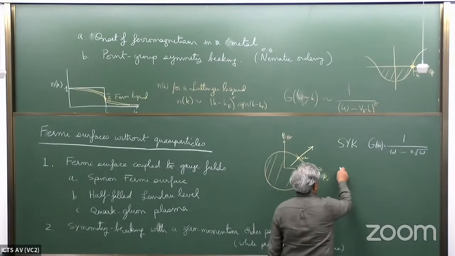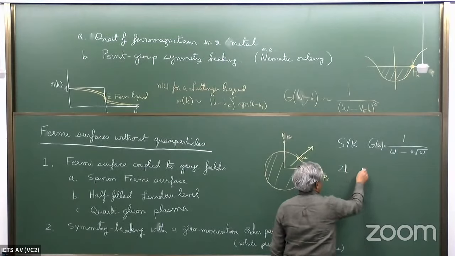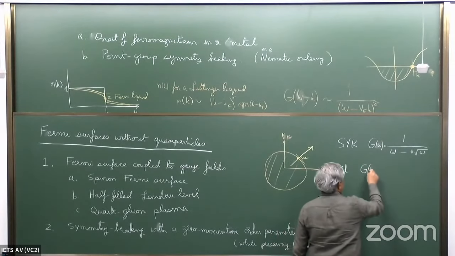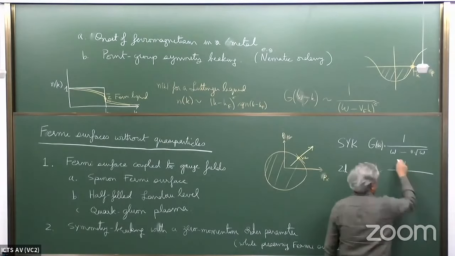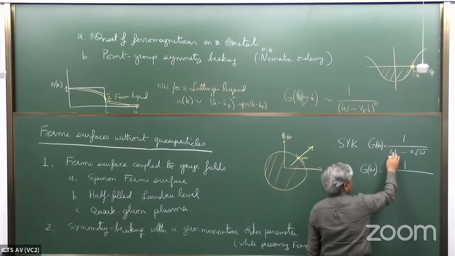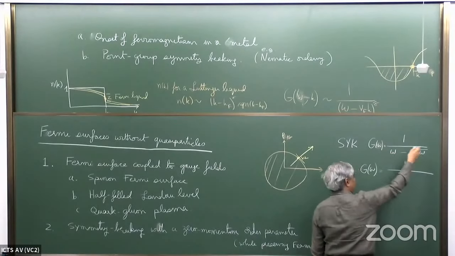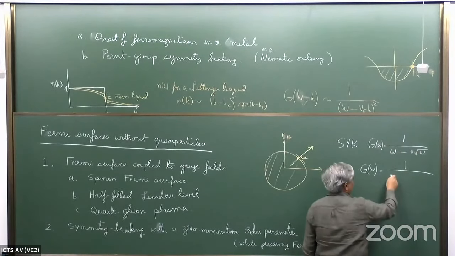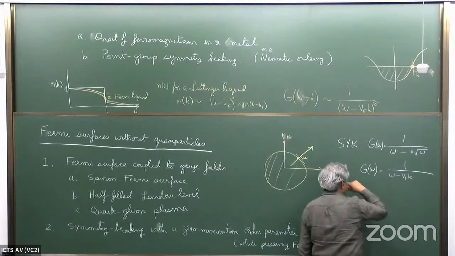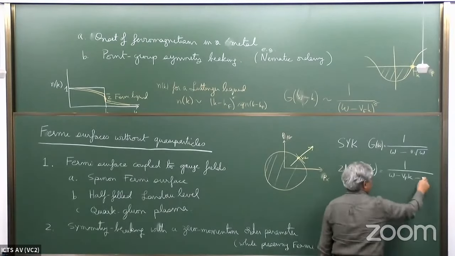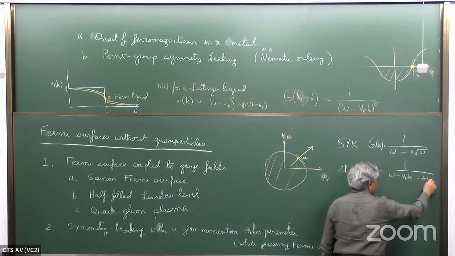And for the non-Fermi liquid in 2D, what we're going to show is G of omega is very similar. So this omega term we drop because at low frequencies, it's much smaller than this term. But at high frequencies, you can keep it if you want. You're going to get omega minus vF k, where k is measured here, minus, again, some number, which I call A, times omega to some power.